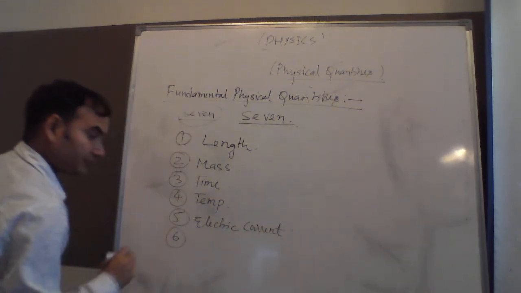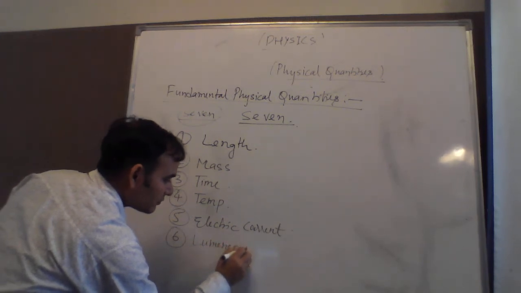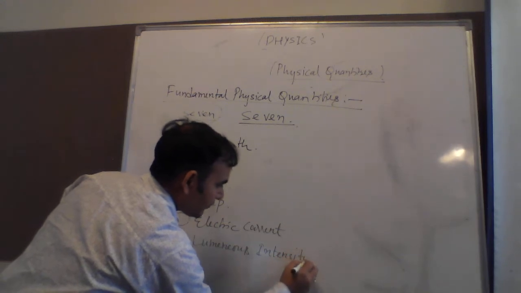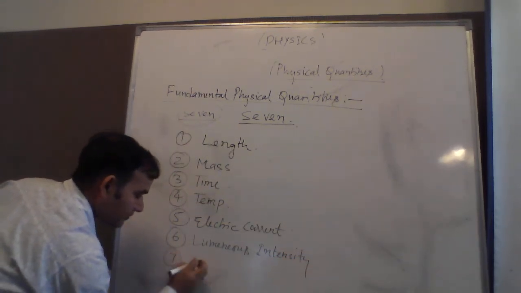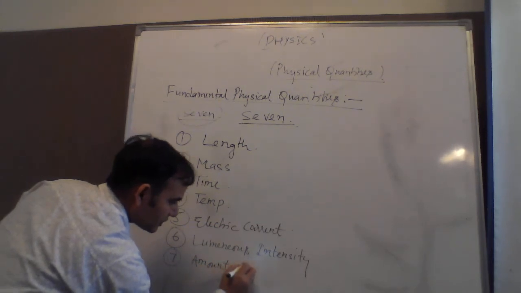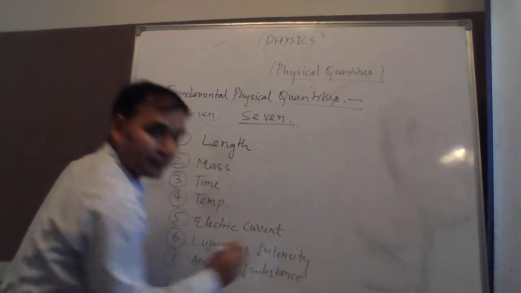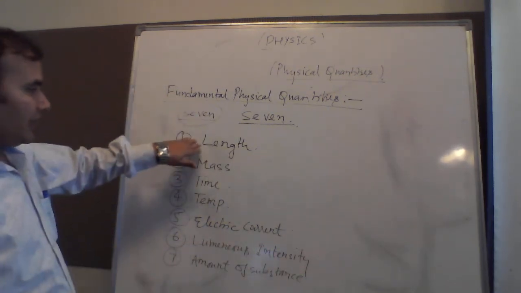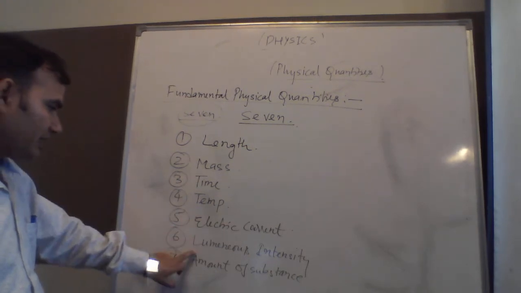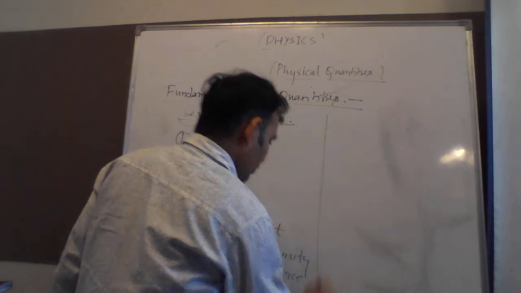Sixth one is luminous intensity. And seventh one is amount of substance. Length, mass, time, temperature, electric current, luminous intensity, and amount of substance. These are the 7 fundamental physical quantities.